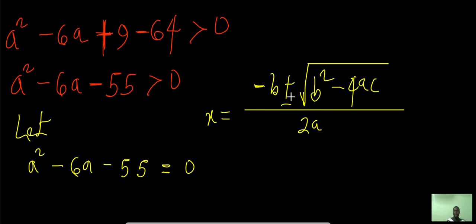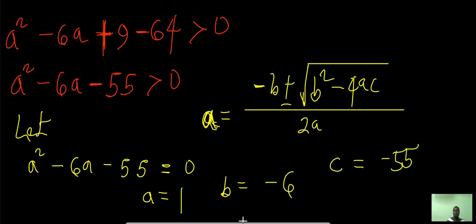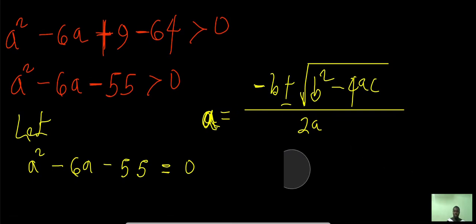Your a is the coefficient of a squared, that's 1, b is negative 6, and c is negative 55. But obviously, I'm not going to use the quadratic formula here. You can pause the video, make use of it, and you join me.